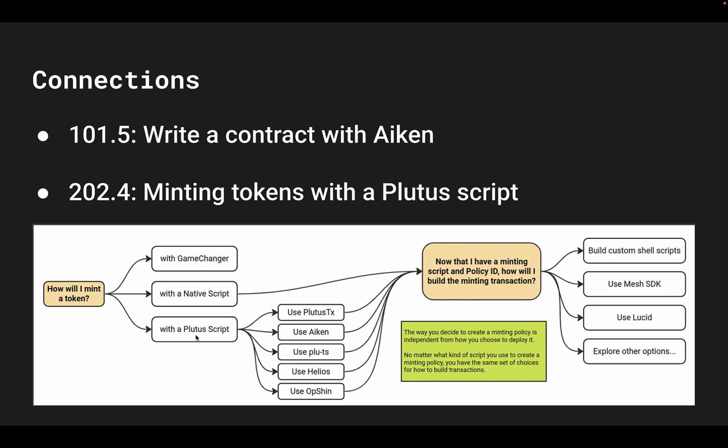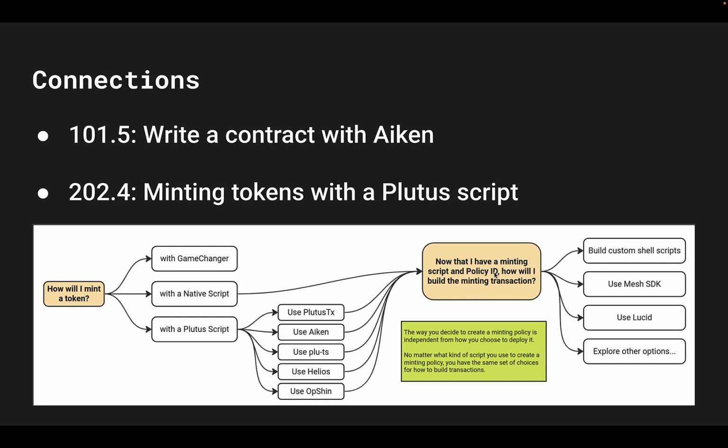If you go the Plutus route, you have a choice from a growing menu of different smart contract programming languages that compile to Plutus Core. And whether you use a Plutus script or a native script, at the end of this pipeline, you'll have a policy ID and some kind of minting script to go with it.